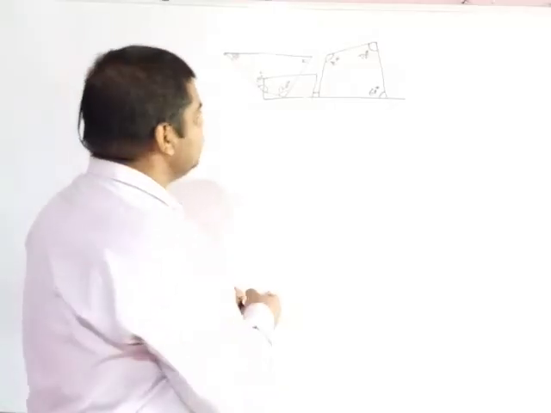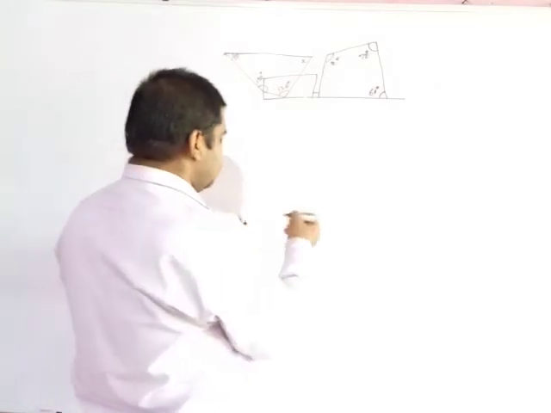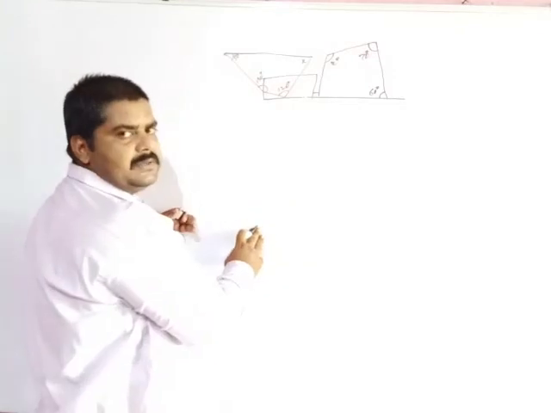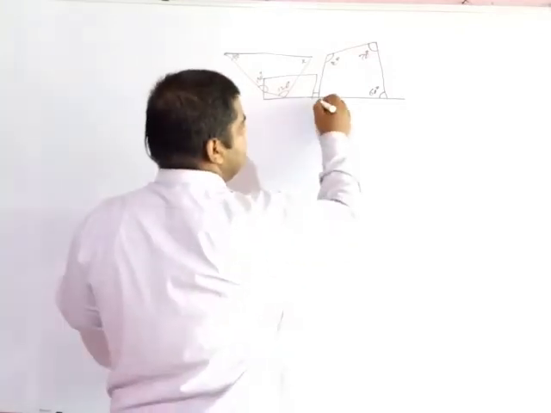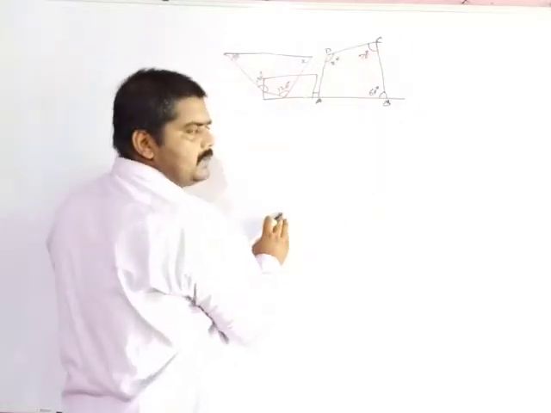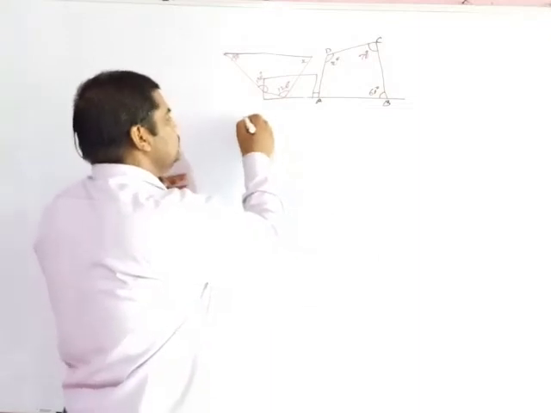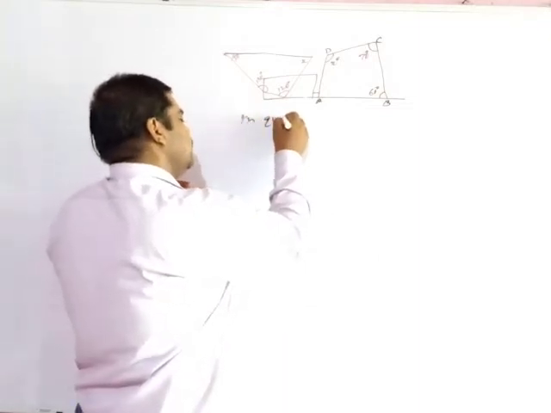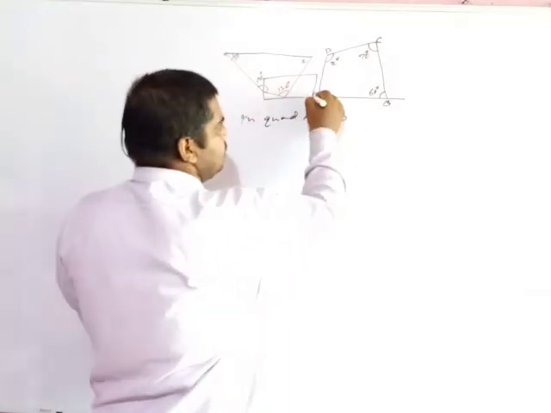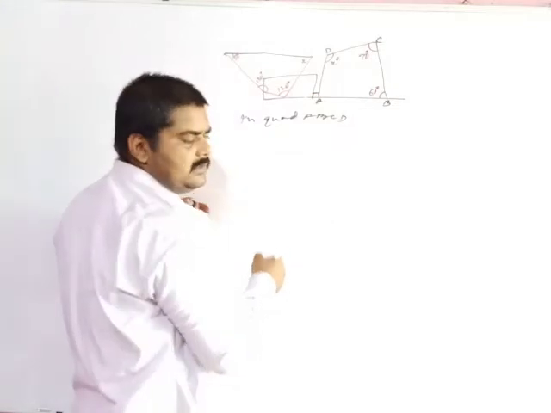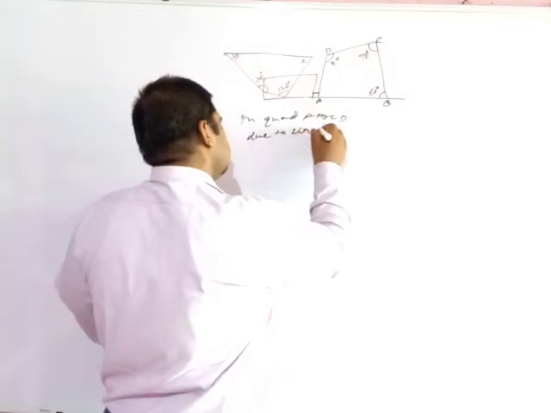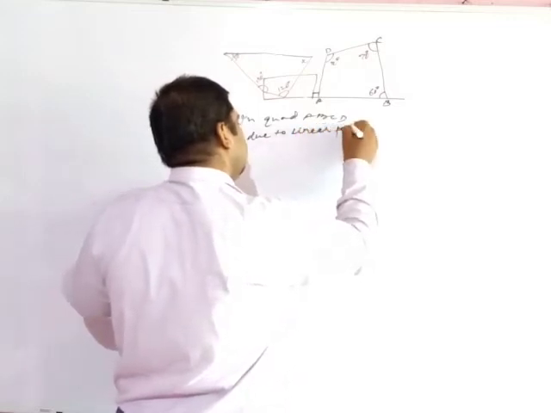My dear students, in this question, you need to find the value of x degree in 2 different figures, and you can name them A, B, C, D. Let's start with the first figure, quadrilateral A, B, C, D. You can see that this one has been given 90 degree due to a linear pair.